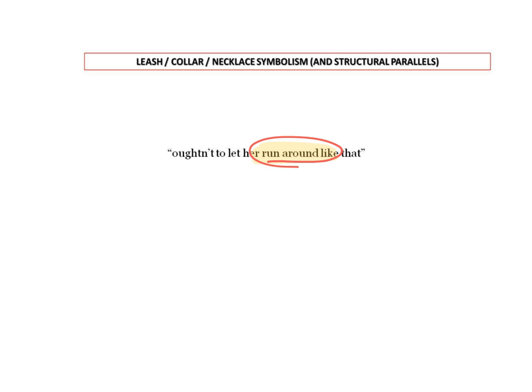But I suppose with a character like Tom Buchanan, run around is a negative quality. Jordan should be restrained and controlled. And this is where we get the idea of leash and collar and necklace symbolism, which I'll illustrate now for you. Just listening to that back, I need to mention the utter hypocrisy of Tom's view here, of course.